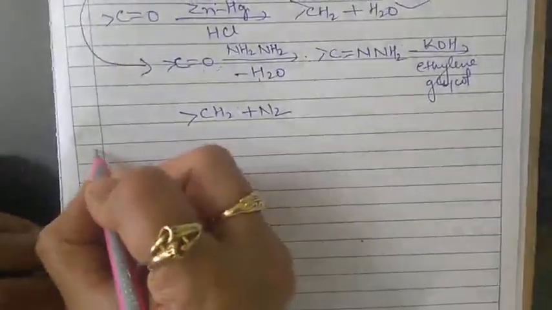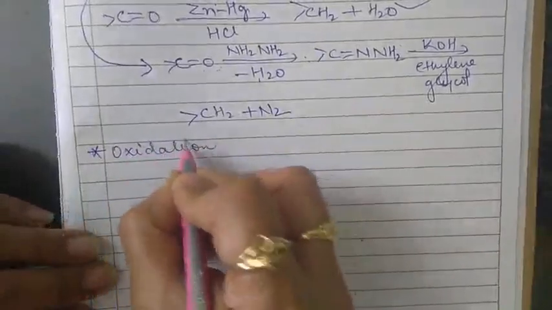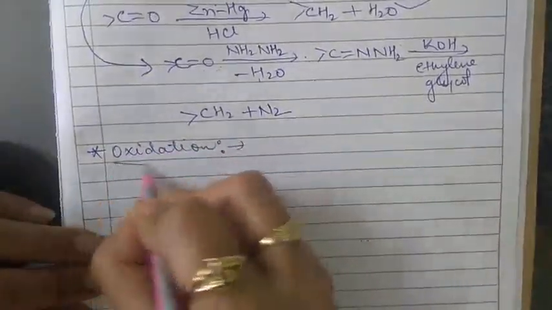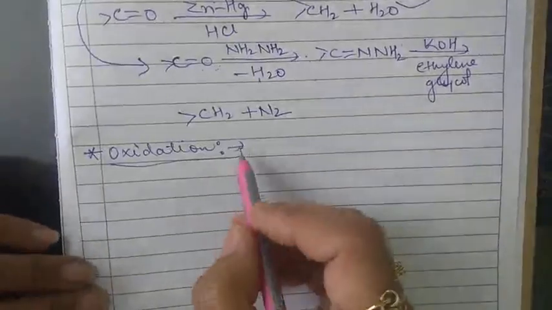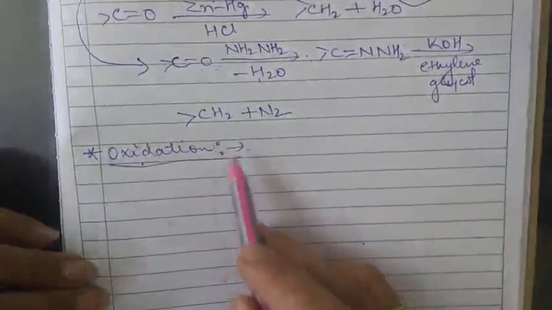Now the next property is oxidation. What is the meaning of oxidation? Oxidation means addition of oxygen or removal of hydrogen. Aldehydes differ from ketones in their oxidation reaction.